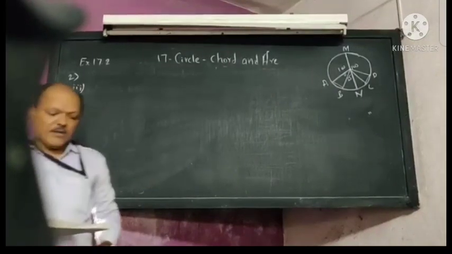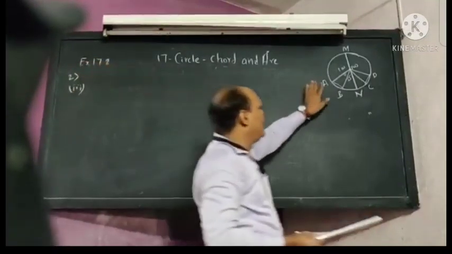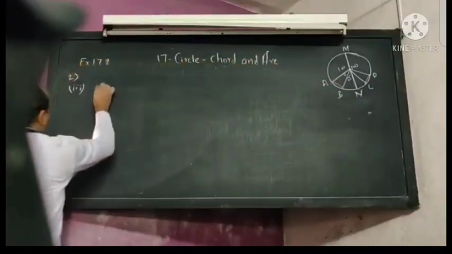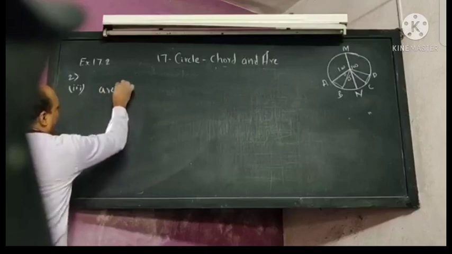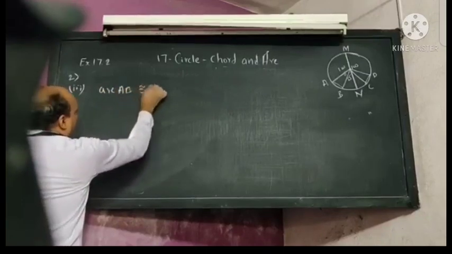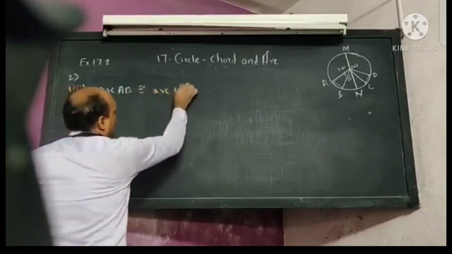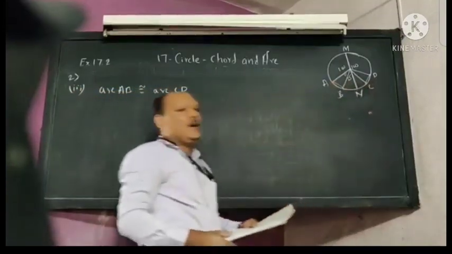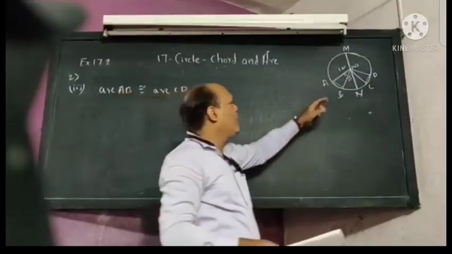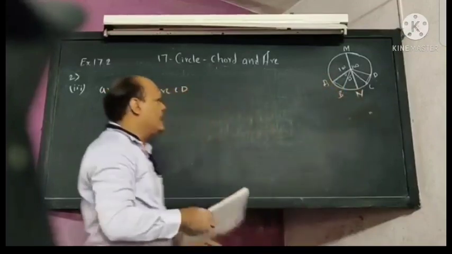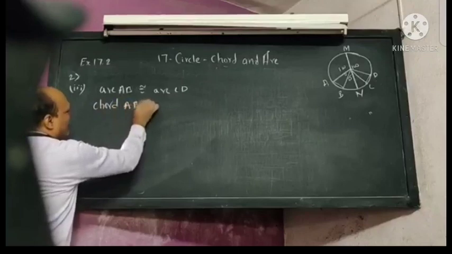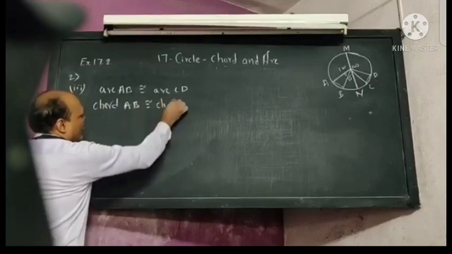Students, the third one is we have to show that chord AB is congruent to chord CD. Just now we found that arc AB is congruent to arc CD. I just explained that when two arcs are congruent, the corresponding chords of the congruent arcs are congruent. That means chord AB is congruent to chord CD.